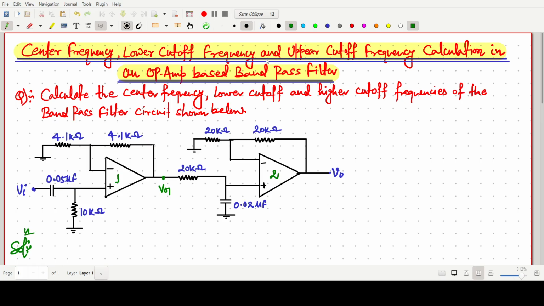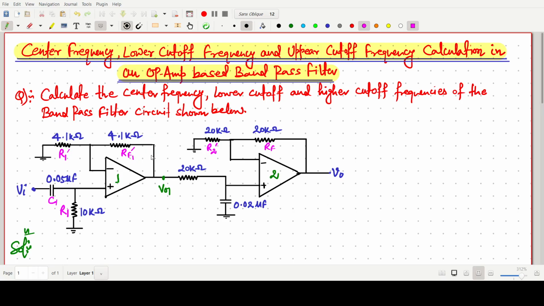To solve such a problem, we have to generalize the question by assuming this resistance is R1 dash. Then this one is some feedback resistance RF dash, and this is a capacitor C1 for op-amp 1, and this one I am just noting as R2.